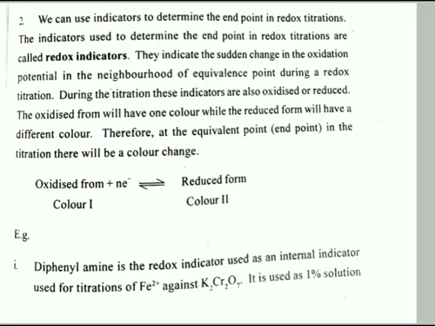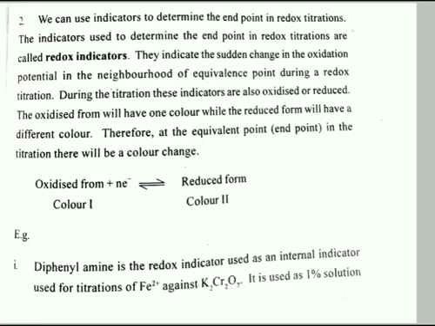The redox indicators indicate the sudden change in the oxidation potential in the neighborhood of the equivalence point during a redox titration. During the titration, these indicators are also oxidized or reduced.